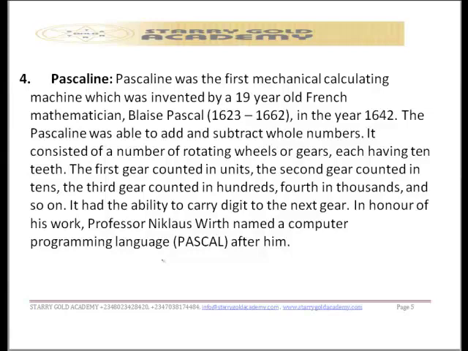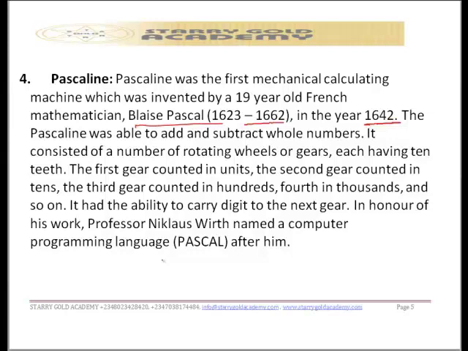Pascaline was the first mechanical calculating machine, which was invented by a 19-year-old French mathematician named Blaise Pascal, who lived between 1623 and 1662. So he built this Pascaline we are talking about in the year 1642.